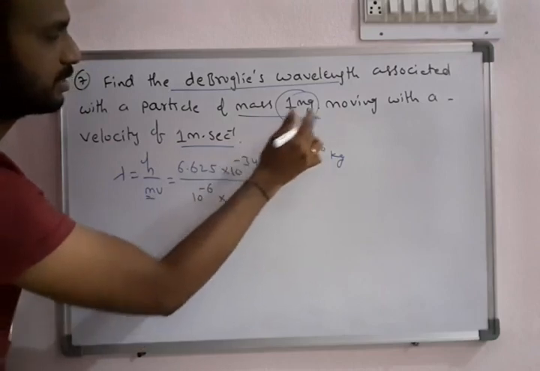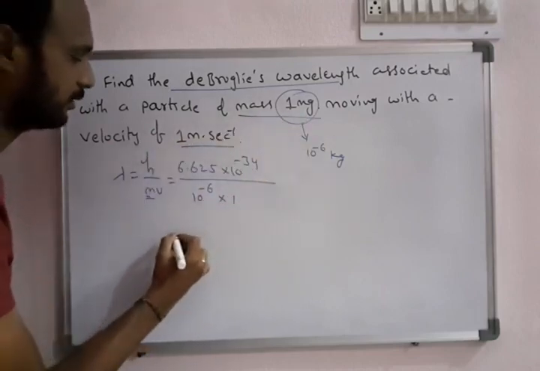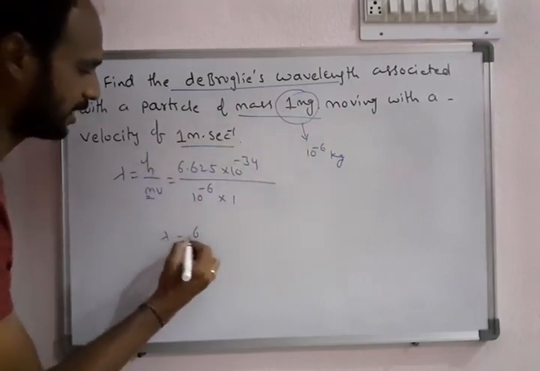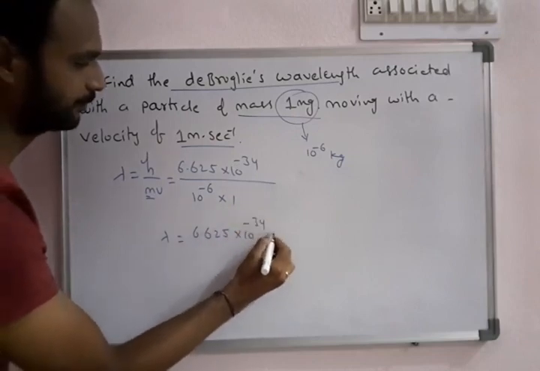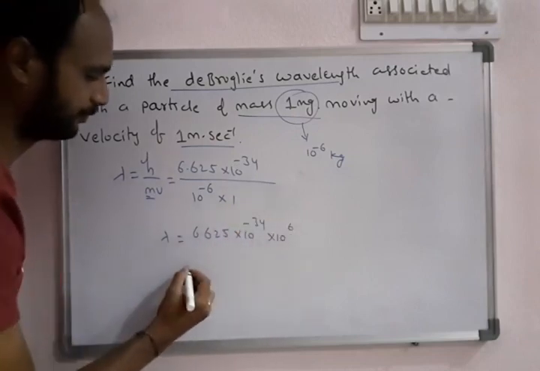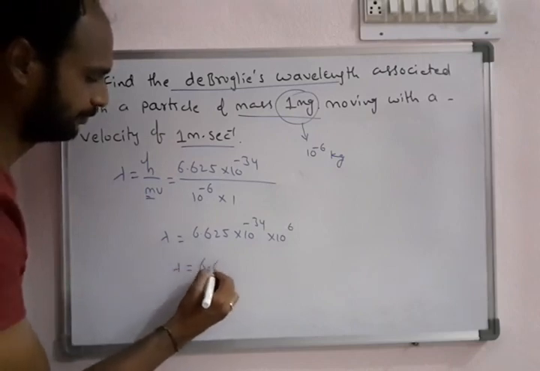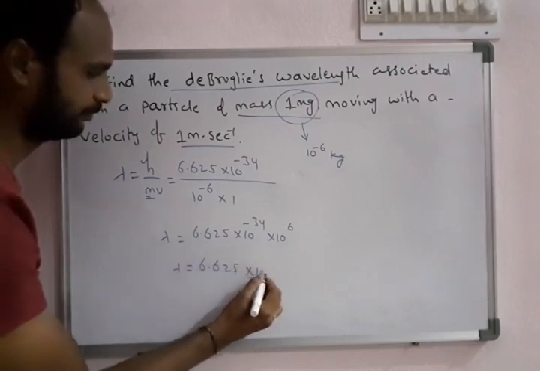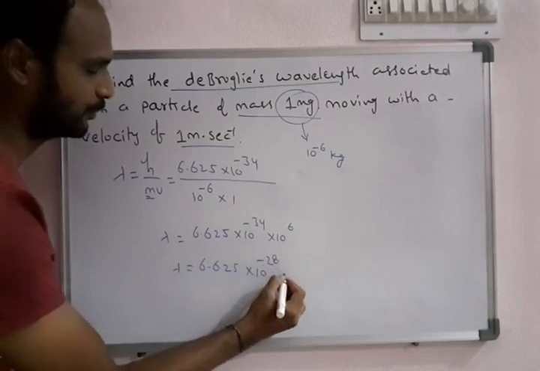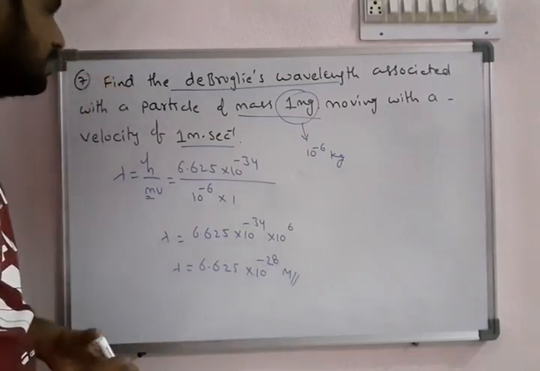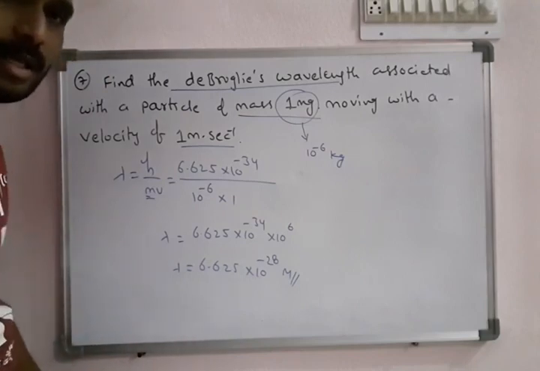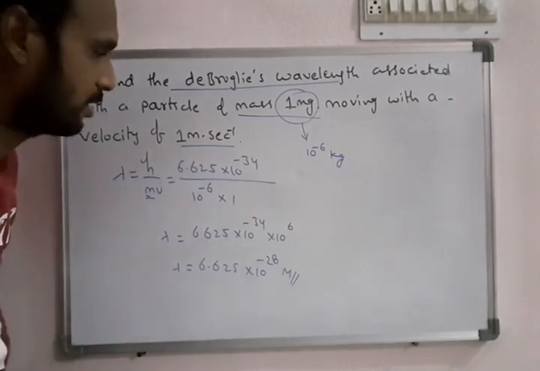What is the velocity? It is 1. So simply here we get lambda equals, approximately 10 power minus 28 meters.